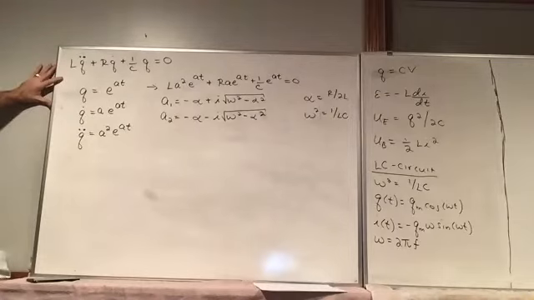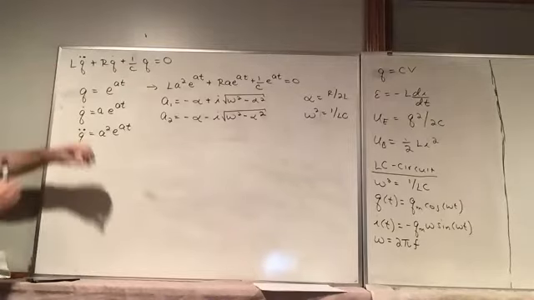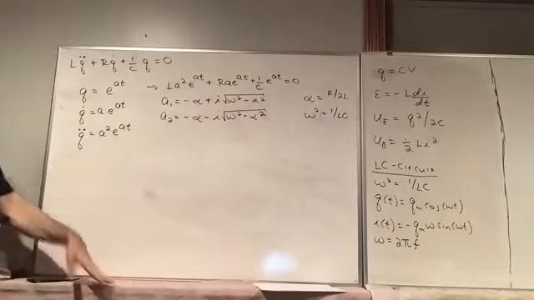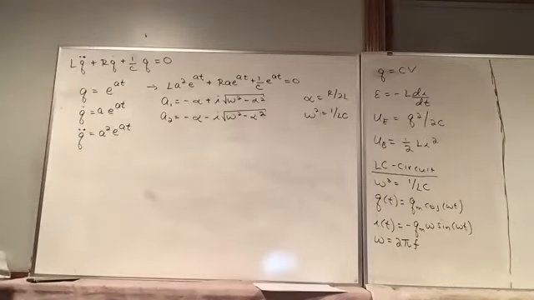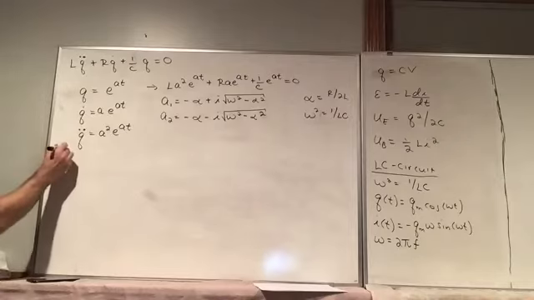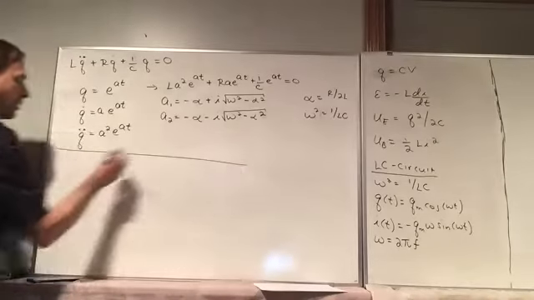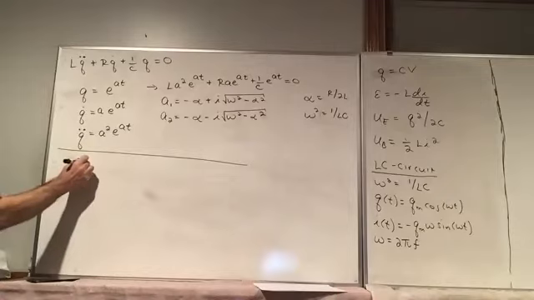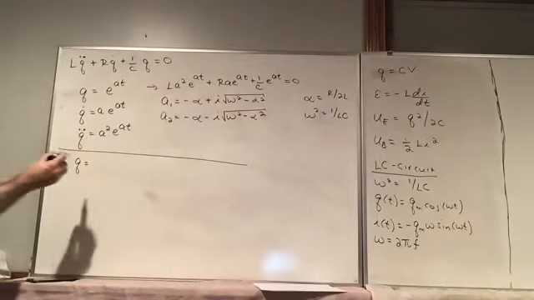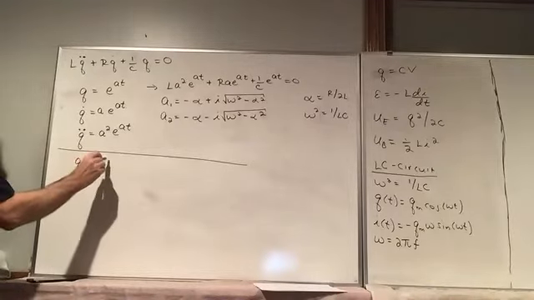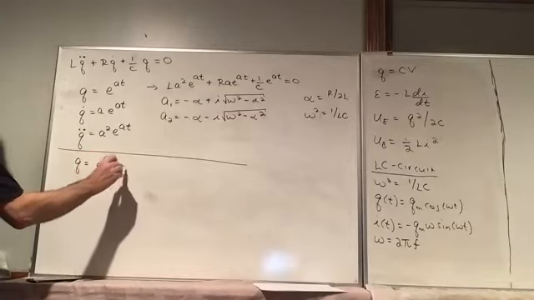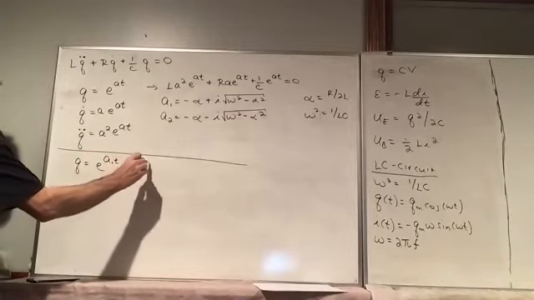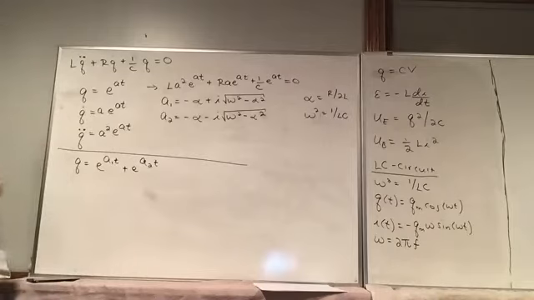And so we have two possible solutions. And so we can write Q as a sum of those solutions. So we can say that e to the A1t plus e to the A2t.